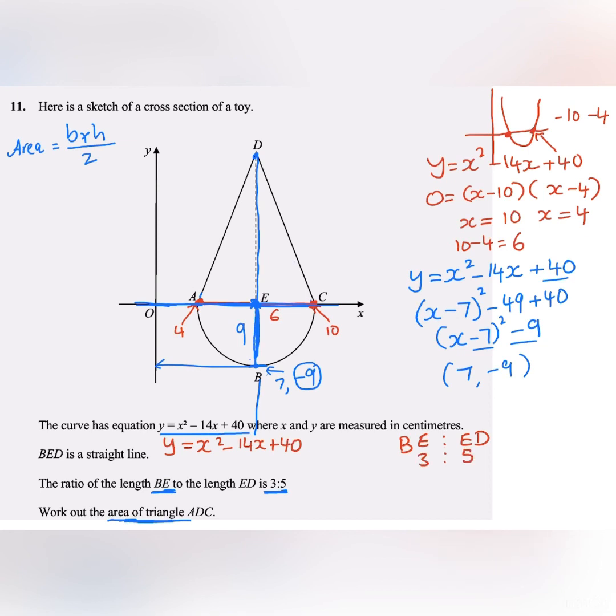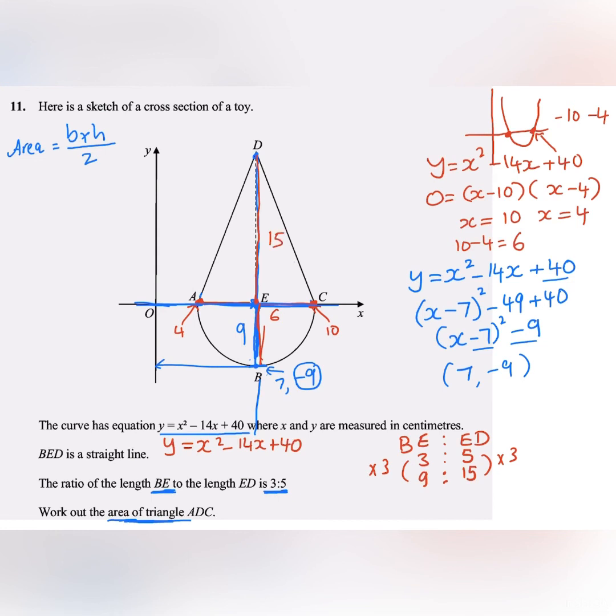Now we already have E to B that we just found by completing the square. That is 9. And now we can figure out E to D, because if you look here, 3 times 3 is 9 and 5 times 3 is 15. So the height of this triangle D to E is going to be 15 centimeters.